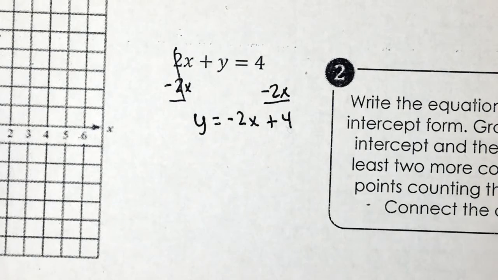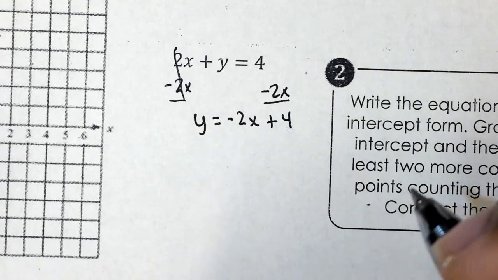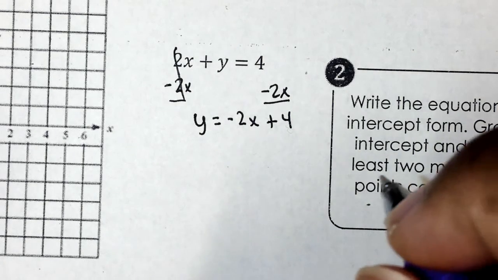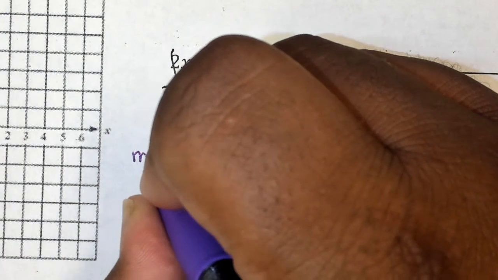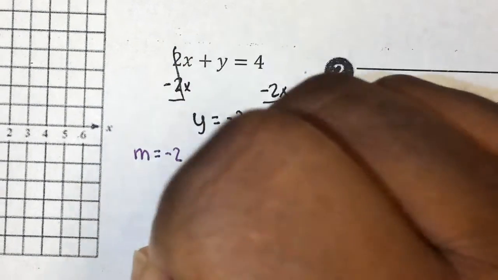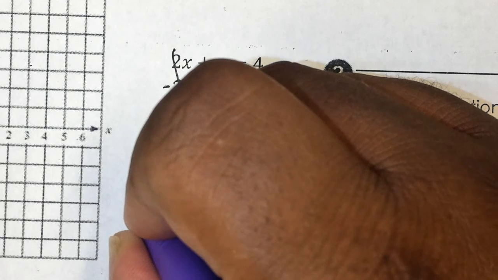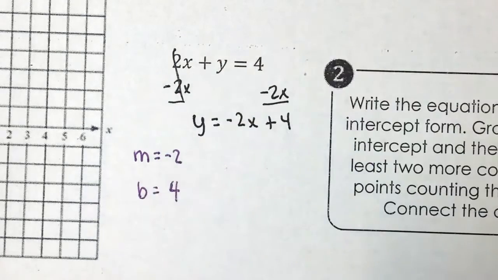Jorge, give me my slope and my intercept. Negative 2 and b equals 4. I'm going to show y'all something else when y'all get to y'all work.